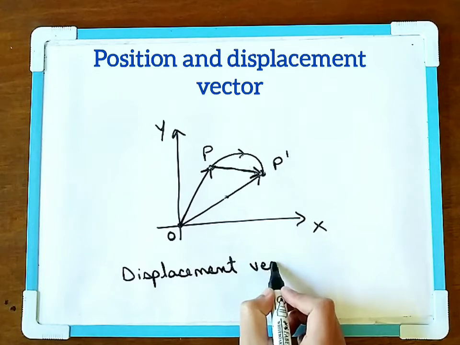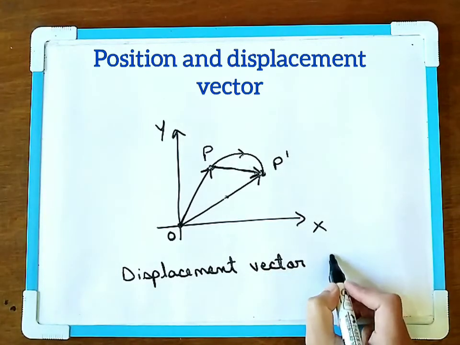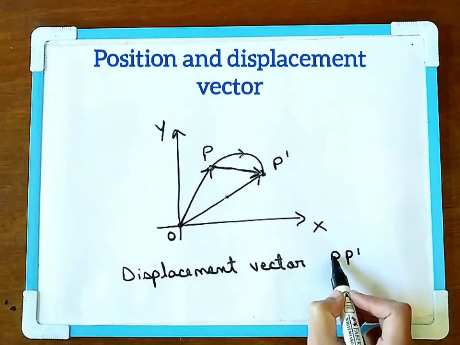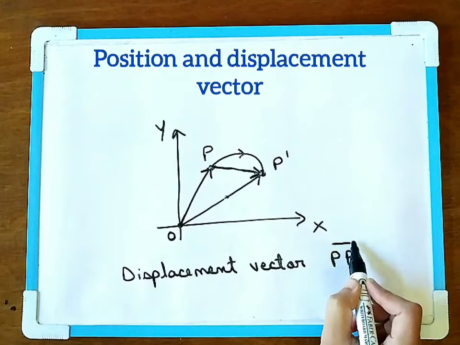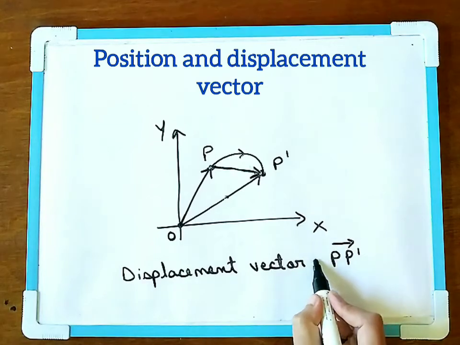It starts from position P and ends at position P dash. So here this will give you the displacement vector.